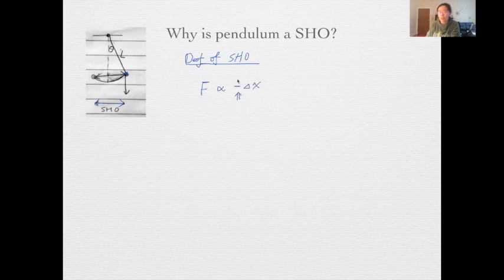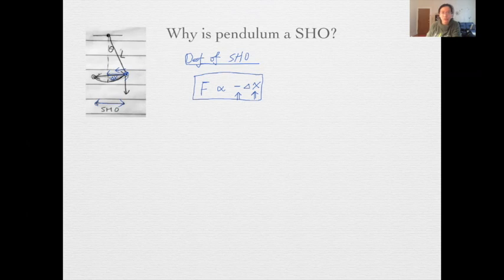This means it is a restoring force, and it is simple because it's linear. So a pendulum should also feel this: when I pull it over, it feels a force pulling it backward, negative, and that force is proportional to the displacement, delta x. Let's see whether this is true in this case.